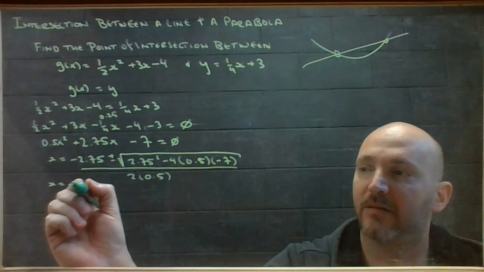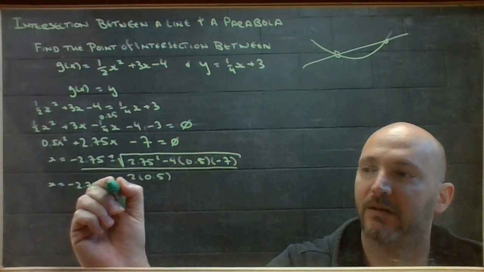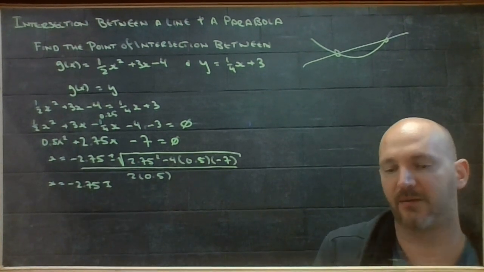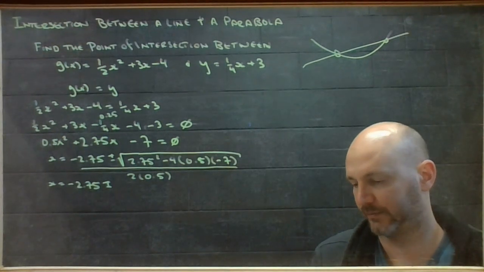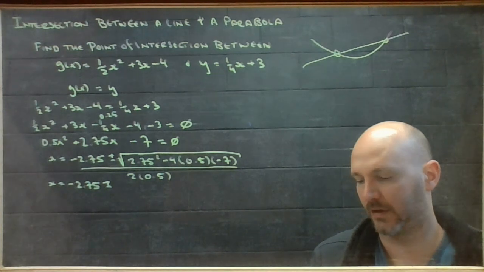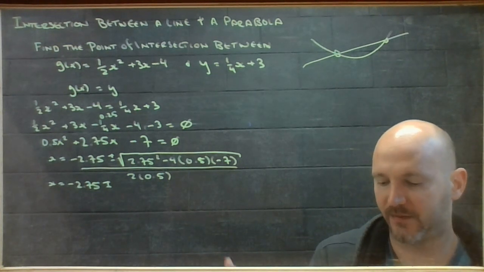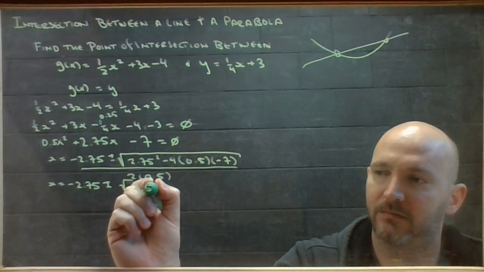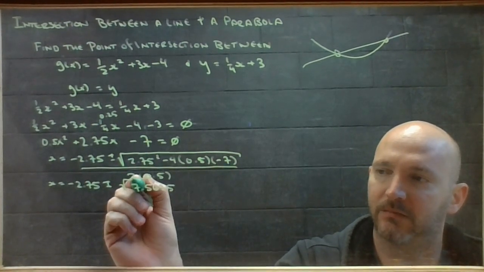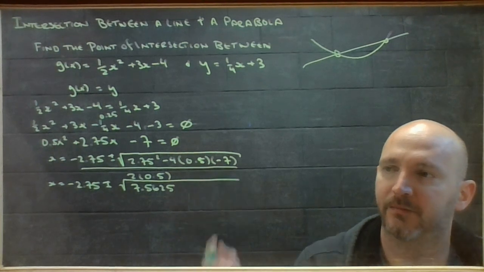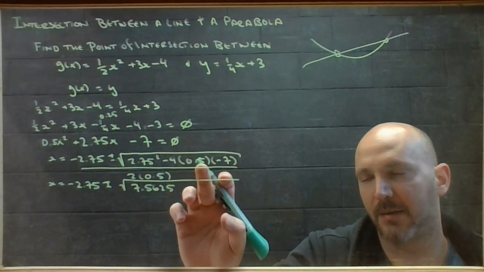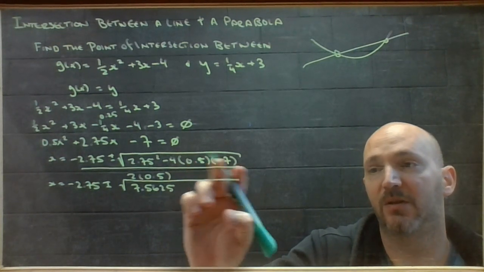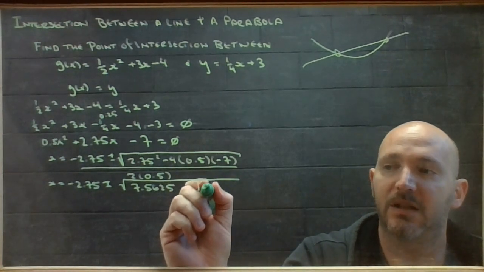I'm going to need my calculator to tell me what 2.75 squared is. And I get 7.5625. And 4 times 1/2 would be 2. 2 times 7 would be 14.